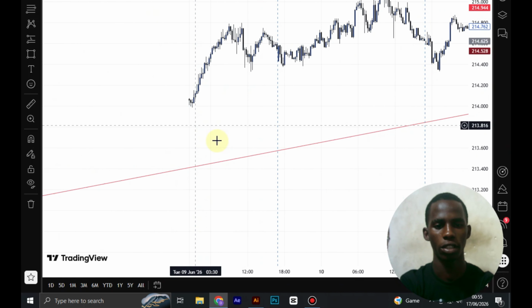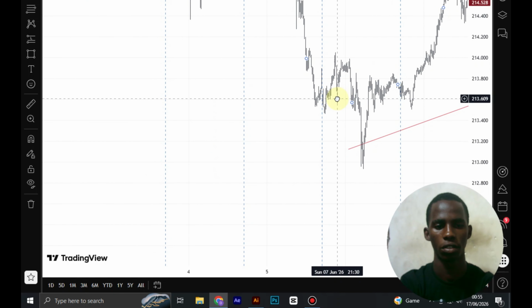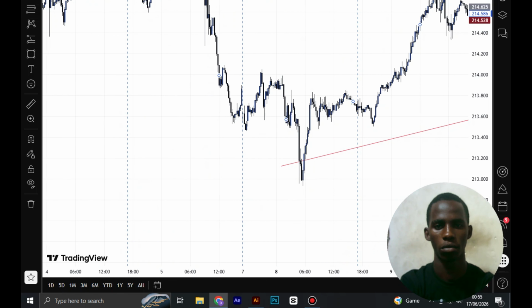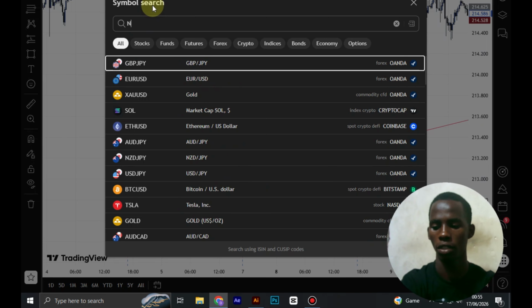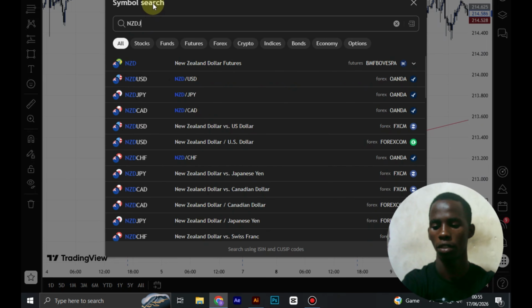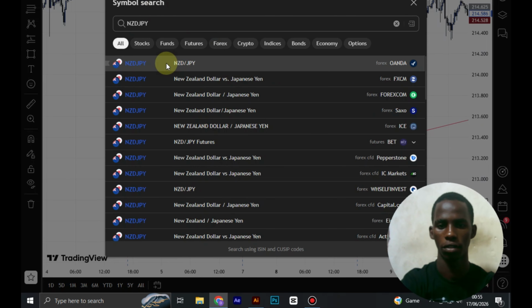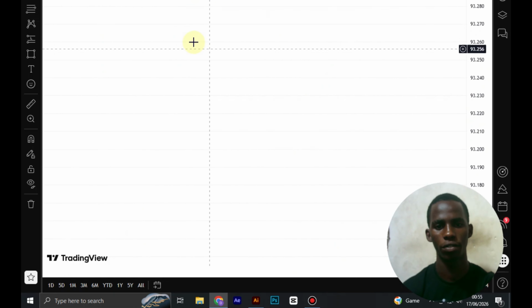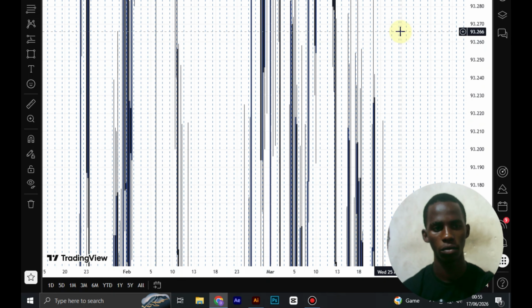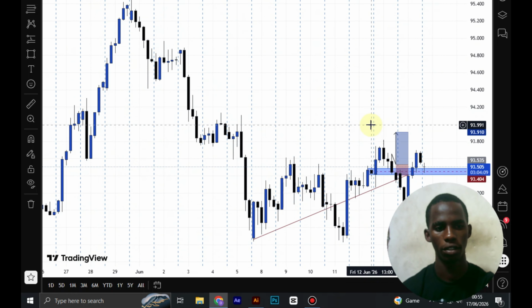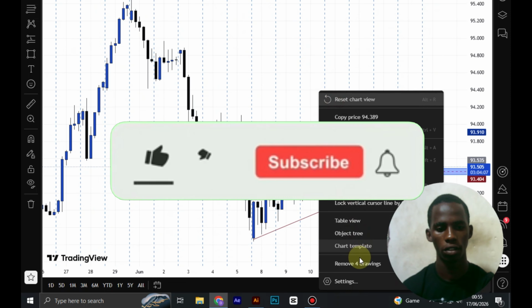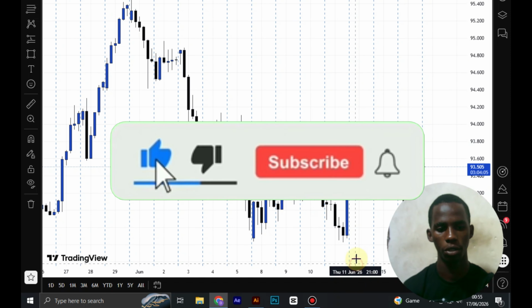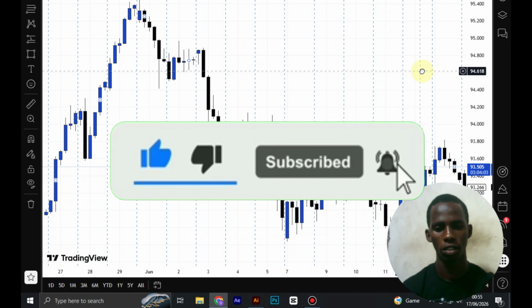So now let me show you another example. Let me use USD JPY. Forwards first, then 15 minutes last.